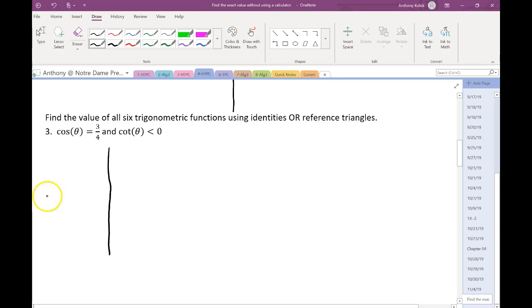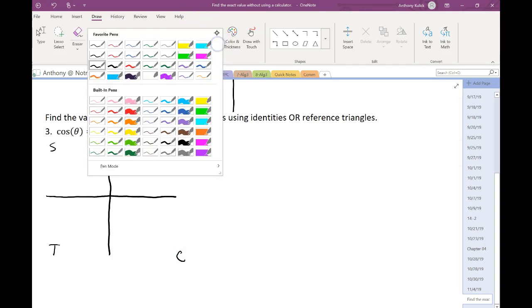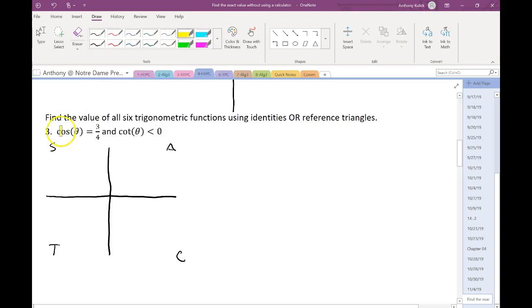So I'm going to start by drawing my XY axis and labeling all silly turtles crawl. And I'm going to start first by looking at the fact that cosine is positive. I know cosine is positive in these two quadrants.